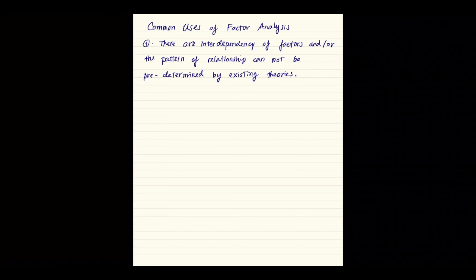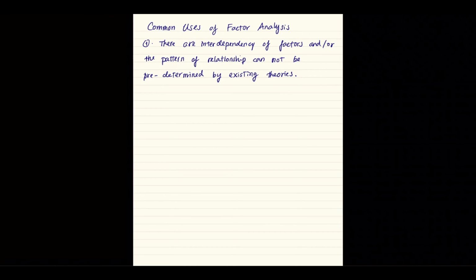Similarly, if the pattern of the relationship cannot be predetermined by existing theory. For example, when we talk about demand, we know that price and quantity should be negatively related. When the price is higher, quantity should be lower. In that case, we can simply use a regression, and if the result is positive, we know something is wrong with our data or our analysis, and we can go back and redo it.